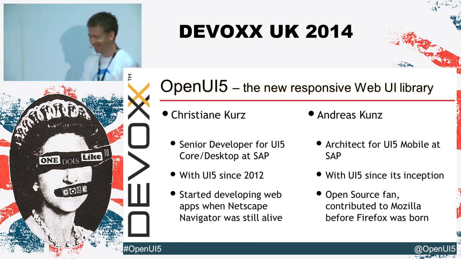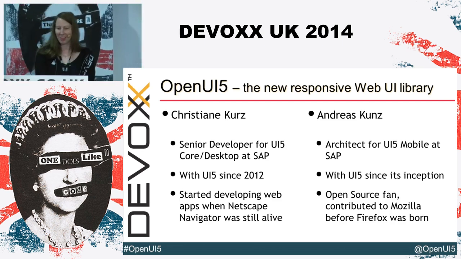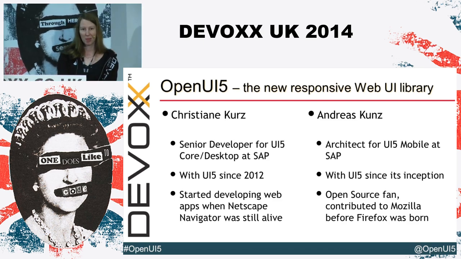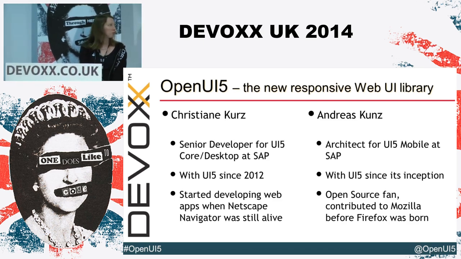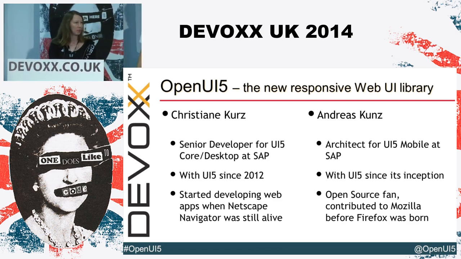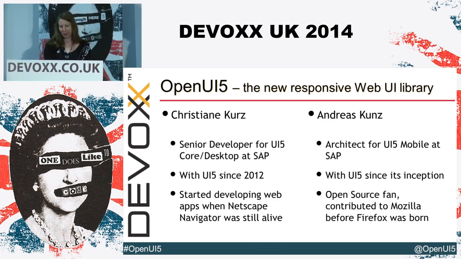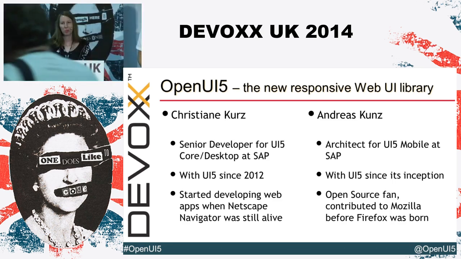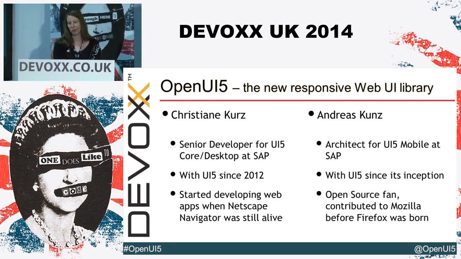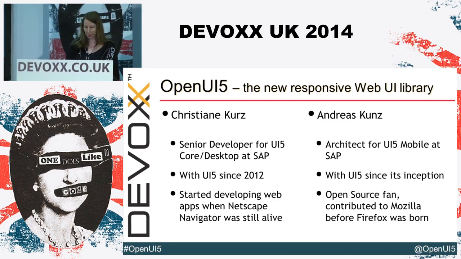Okay, and this is my colleague Andreas Kunz, who is the architect for the UI5 mobile team at SAP. He's been with the UI5 team from the very start, about 4 years ago now. But he's always been an open source fan, and he has also contributed to several other open source projects before that. For instance, Mozilla before Firefox was born, and some others.